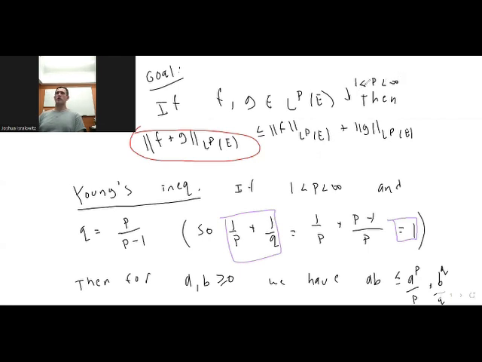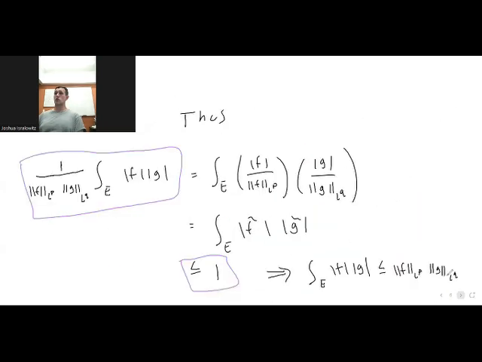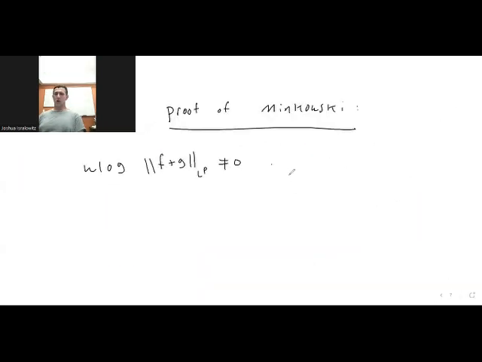It's really trivial. So I'm going to assume P is strictly between 1 and infinity. All right, so it's easier to look at this quantity here, raised to the P, than it is just to look at the LP norm of F plus G.